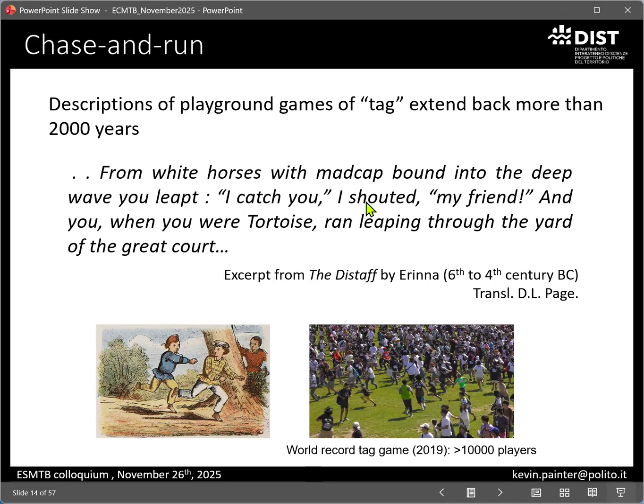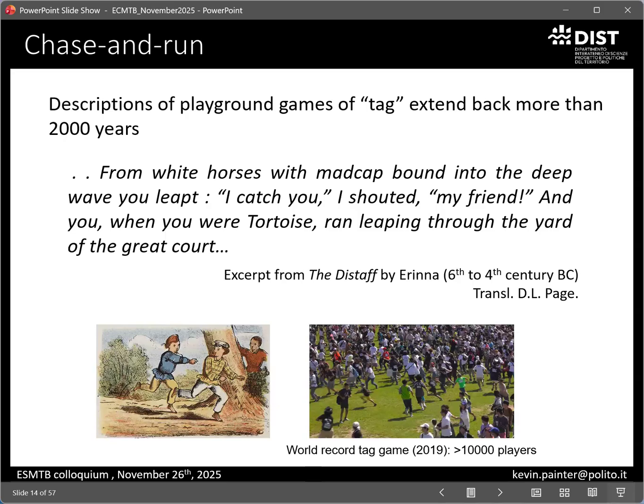And she was effectively recalling these childhood games of chase and run that she was playing. And of course, we continue to play this today. And I think in 2019, there was the official world record for the largest tag game, where I think 10,000 people assembled to play one of these games of chase and run.